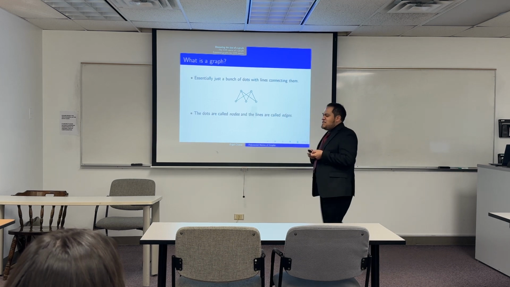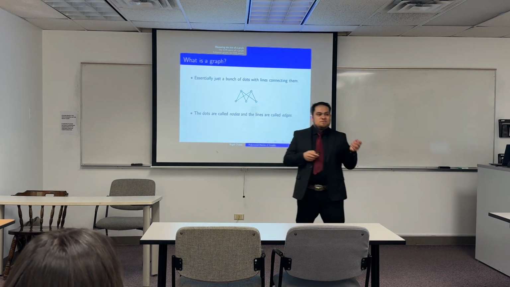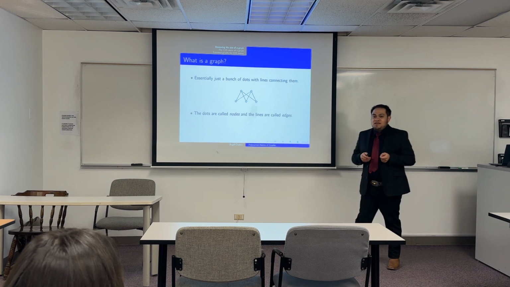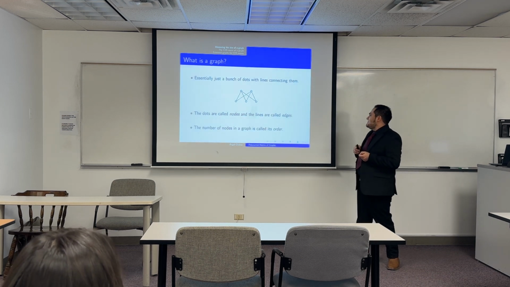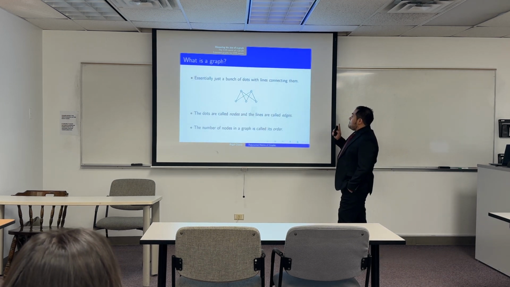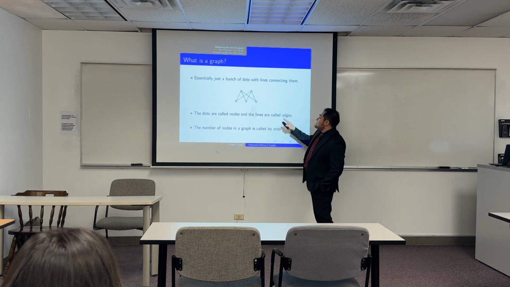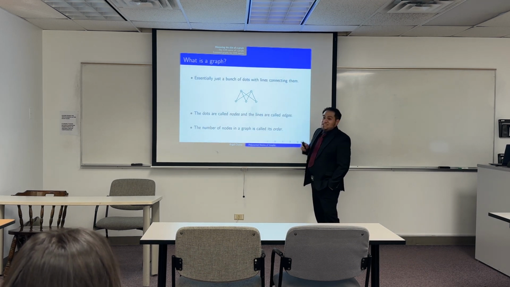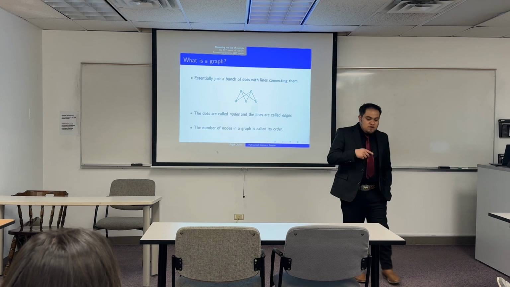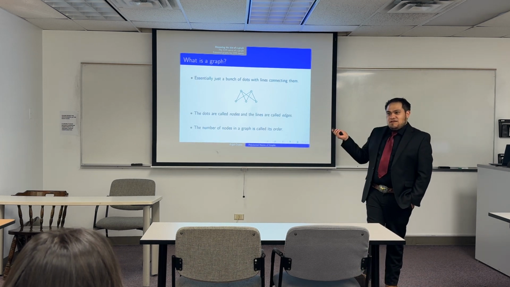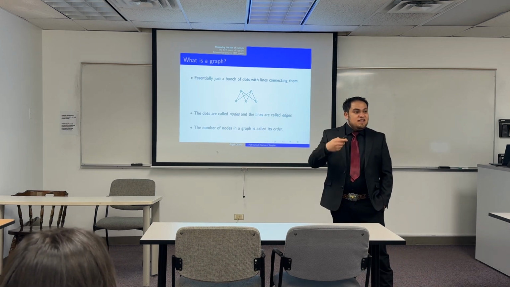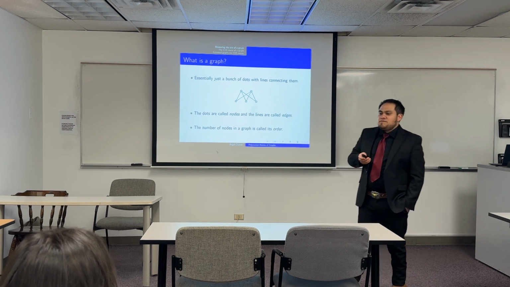I'll use these terms interchangeably, but just keep in mind, I mean dots. And one more thing that I would like to mention is the lines that are connecting these dots are called edges. So a graph, using this new terminology, is a collection of vertices with edges connecting them.